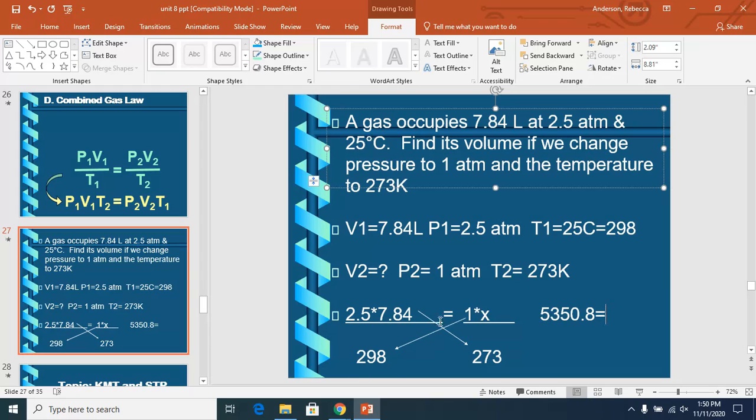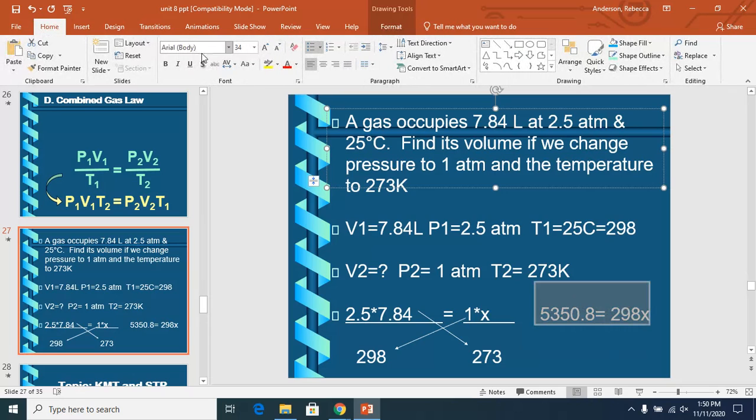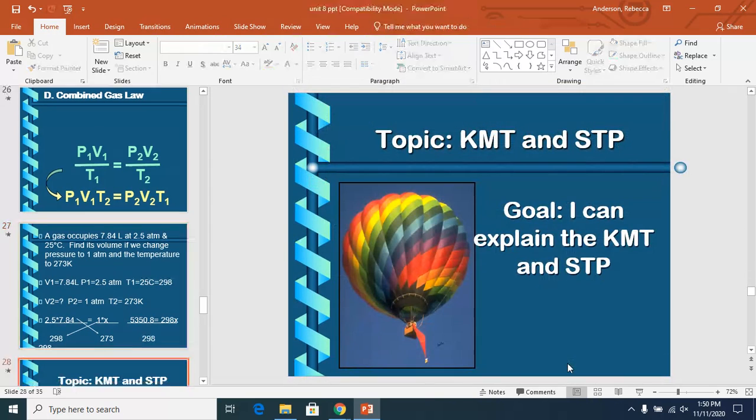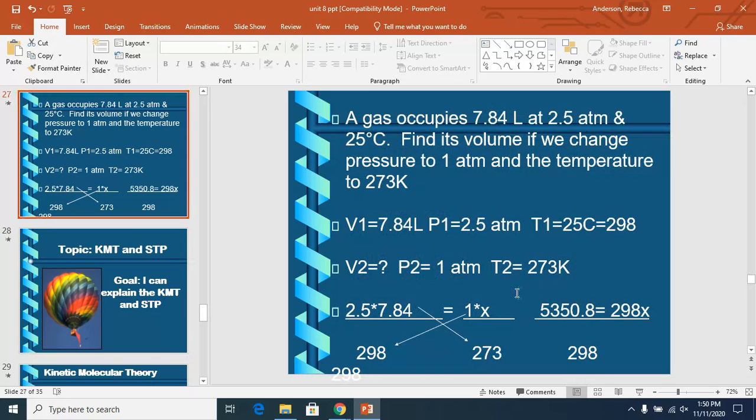So 298 times 1 times x, that would just be 298x. So we need to get x by itself. Since that's being multiplied, we would divide by 298 on both sides.